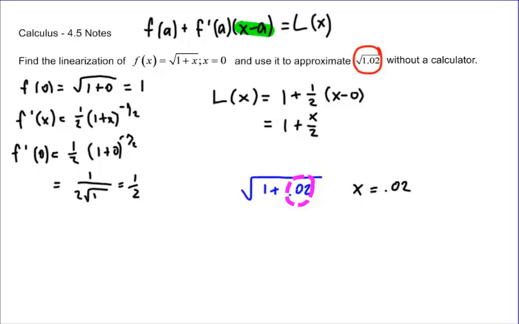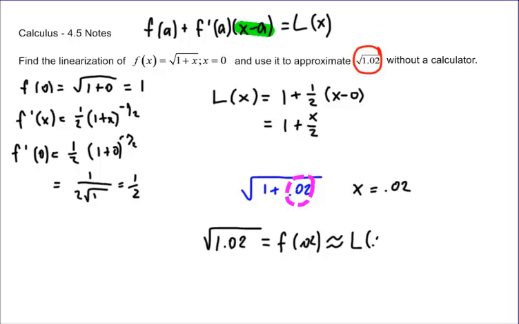We've already worked out a linearization for the square root, so we're just looking at the function at 0.02. The square root of 1.02 is equal to the function at 0.02, which is approximately the linearization at 0.02.